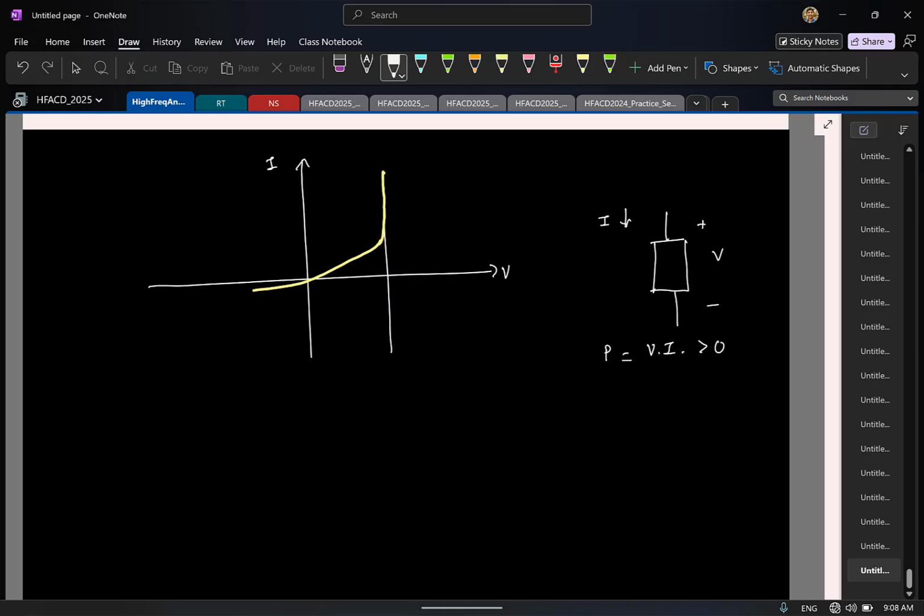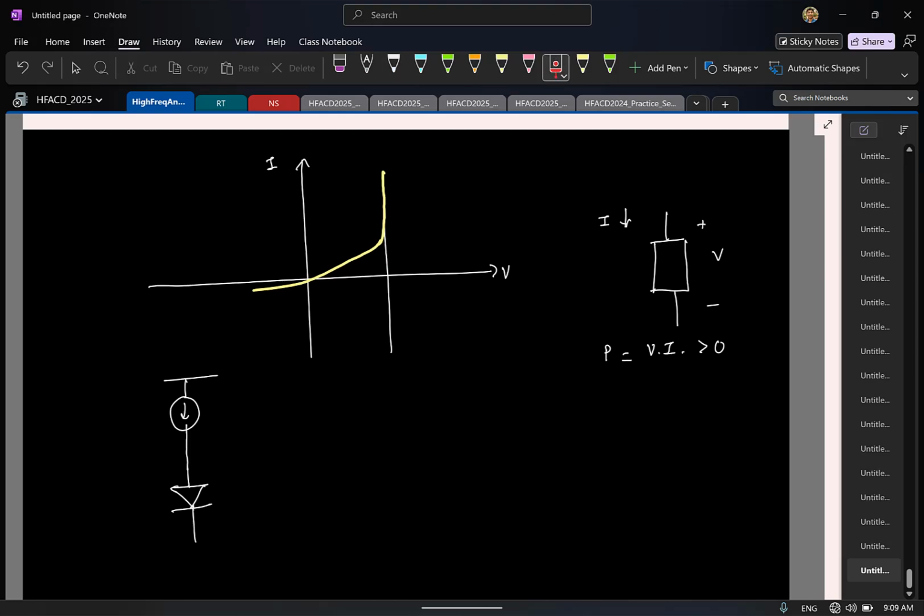So let's see how we can make it. So I have a diode. So how do I want to get this voltage? How can I get this voltage from the diode now? What do I do? What can be done? You can add a current source, right?